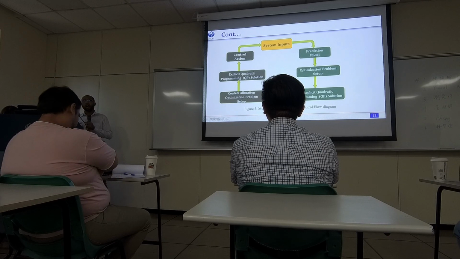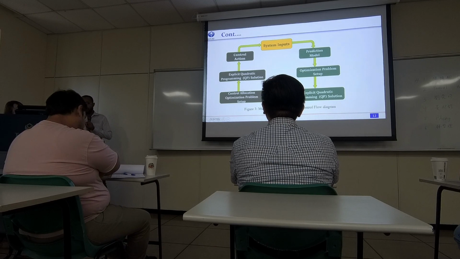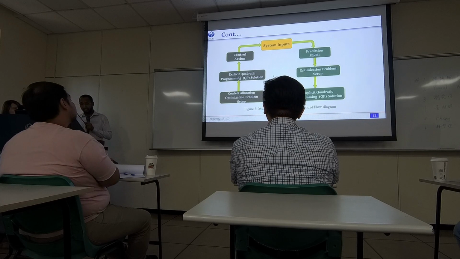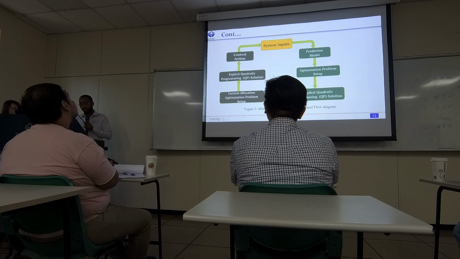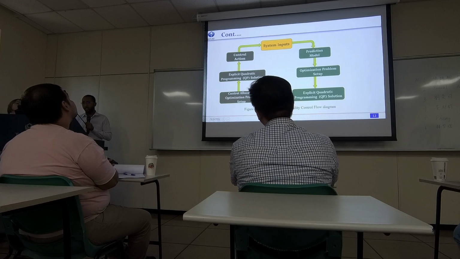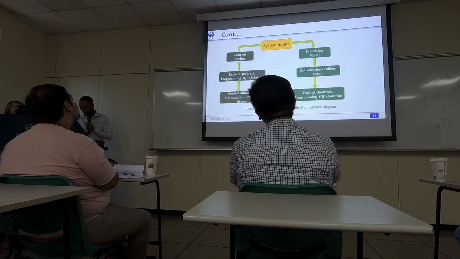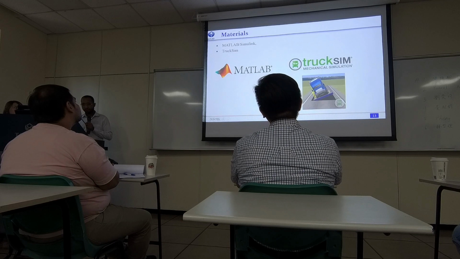Then again we have to optimize the control allocation, and we'll go directly to control action, and the loop will continue to control the vehicle in a stable manner.